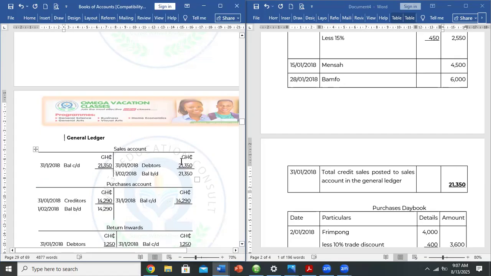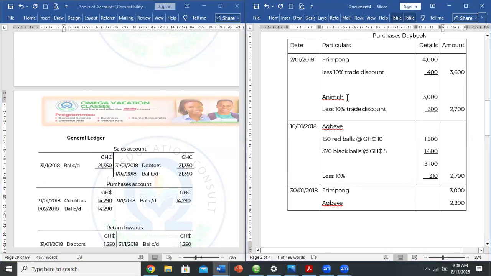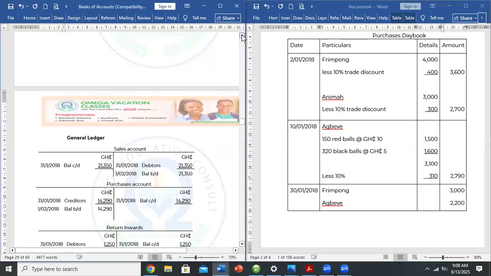Okay, good. So when you are done with the sales day book, you go to your purchases day book. In this case, all the individual suppliers would have to be in the purchases ledger. So you write the title purchases ledger and open the T account for each of the suppliers.